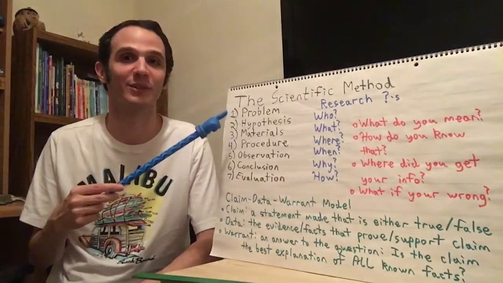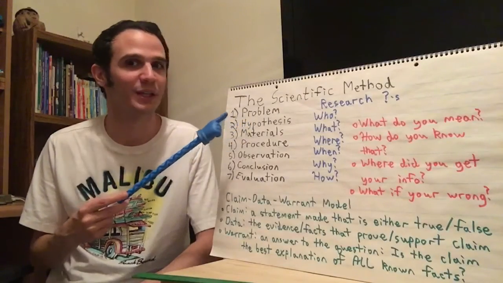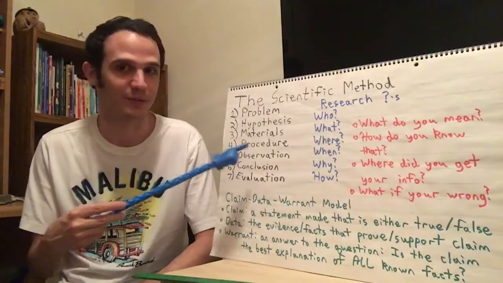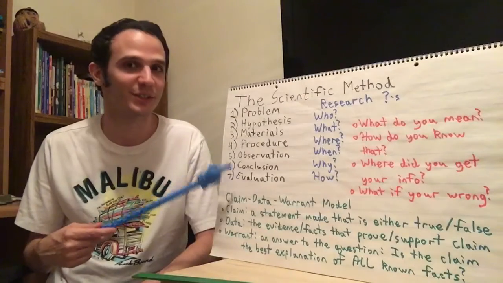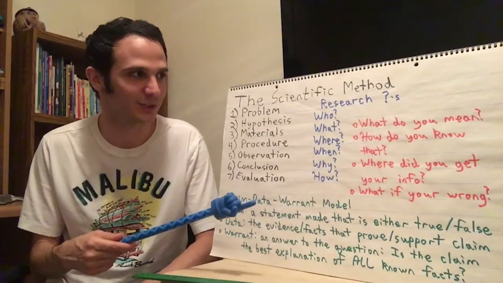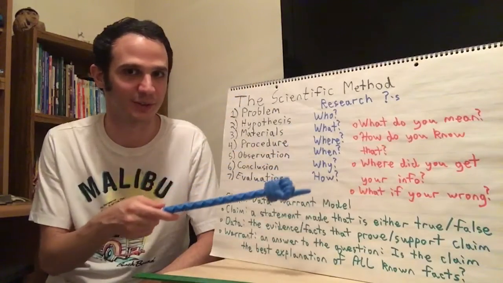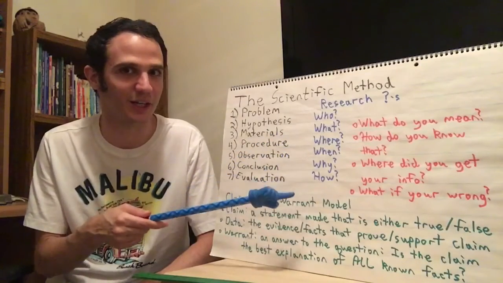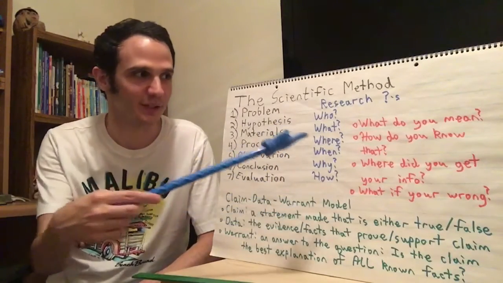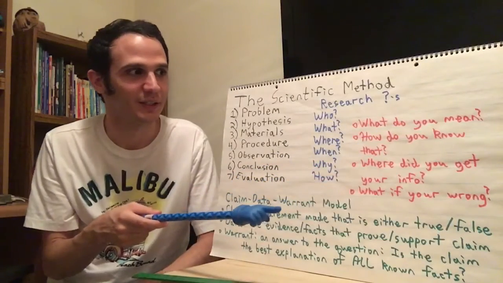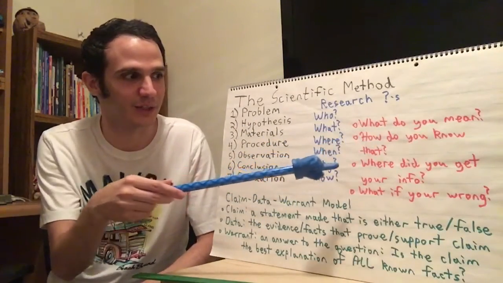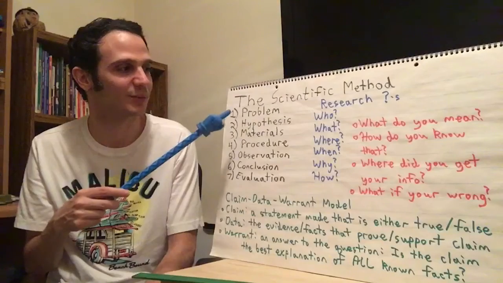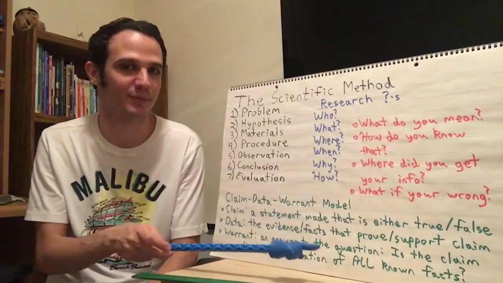So the 7 steps are: 1, problem; 2, hypothesis; 3, materials; 4, procedure; 5, observation; 6, conclusion; and 7, evaluation. And then I added some of the research questions: the who, what, where, when, why, and how. And then, what do you mean? How do you know that? Where did you get your info, and what if you're wrong? Right now I'm just going to talk about step 1, the problem.